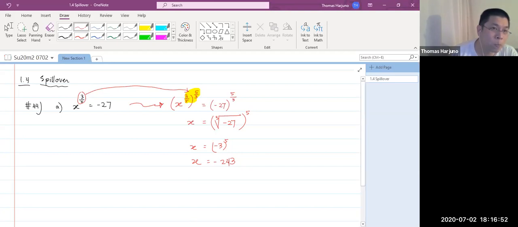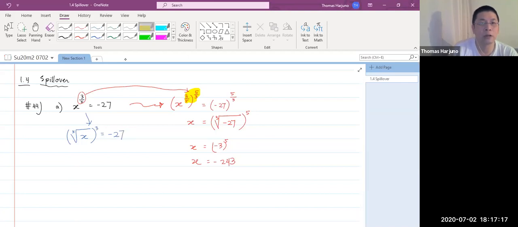Now I personally prefer to slow down a little bit from here. I see x to the power of 3/5 as the 5th root of x to the power of 3 equals -27. Then to cancel this power of 3, I do the cube root in the next step.